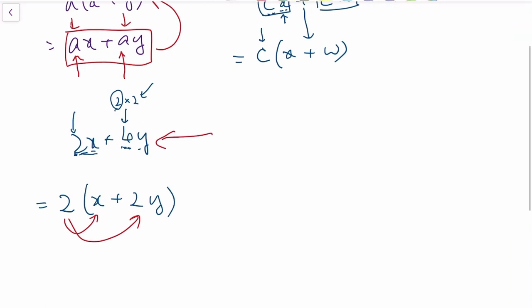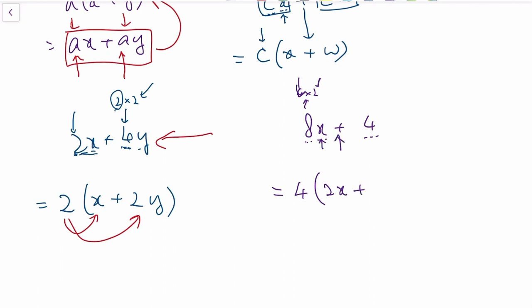Let's look at another one. Let's say we have 8x plus 4. What's common between them? Well, 8 is 4 times 2, so they both have 4, and we can take out 4. For 8x, once 4 is gone, we have 2 left, and an x. Now we put a plus.